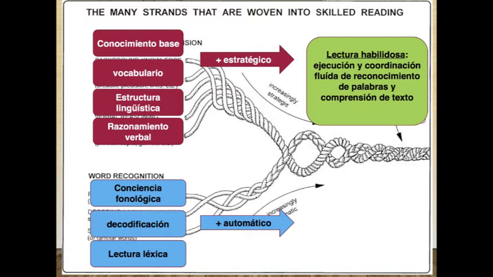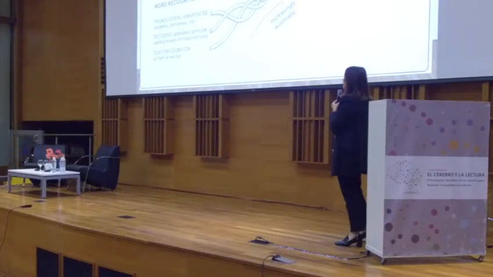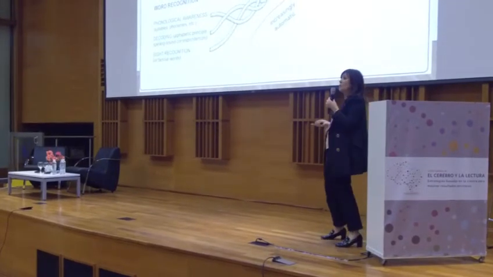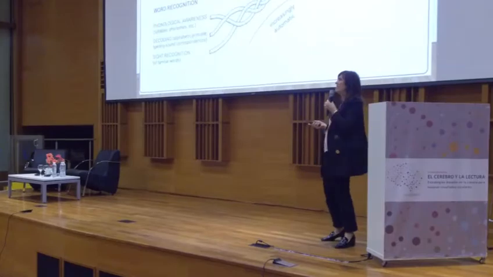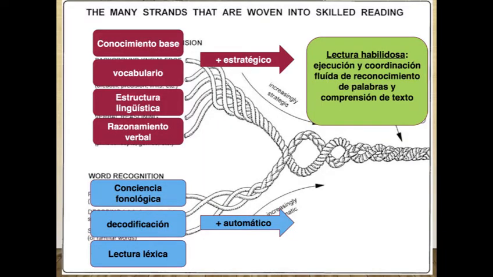I want to achieve good reading comprehension, and this has to do with language and with word recognition. Language has to do basically with knowledge of the world, but mostly with vocabulary.